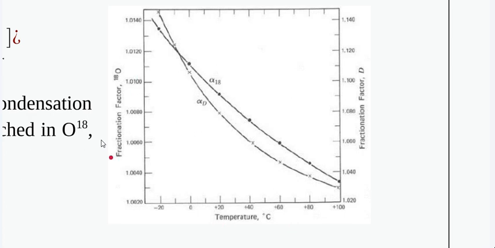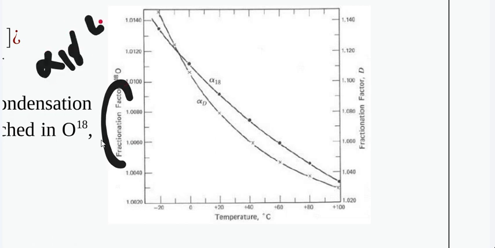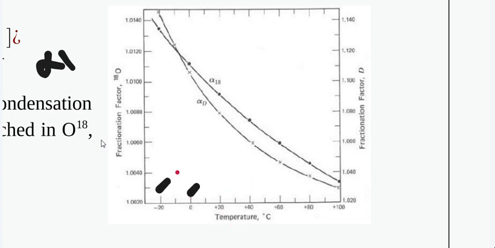Okay, this is the fractionation factor, alpha 18. Alpha 18 is liquid by vapor. So these are the values, and we have plotted them against temperature. See, this is 0, minus 20, plus 20, plus 40, plus 60, plus 80, plus 100.